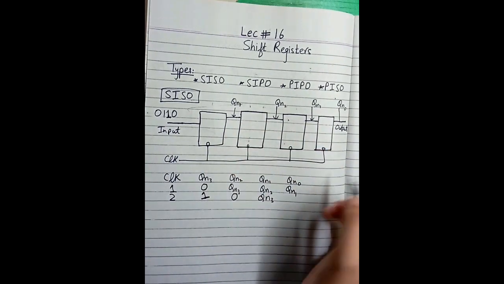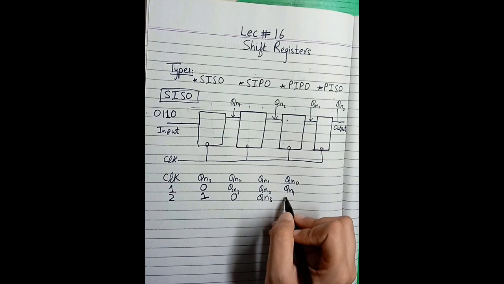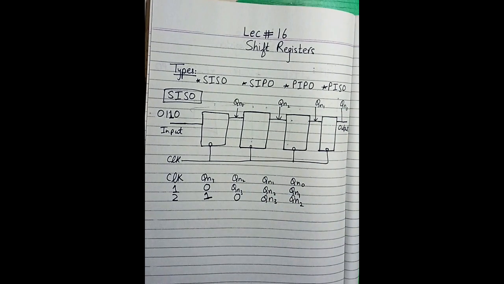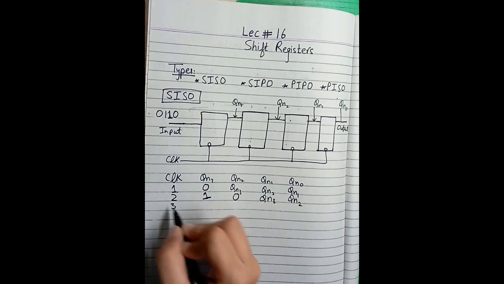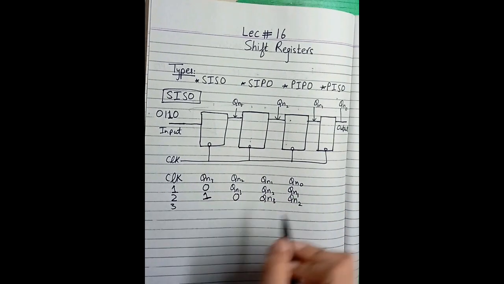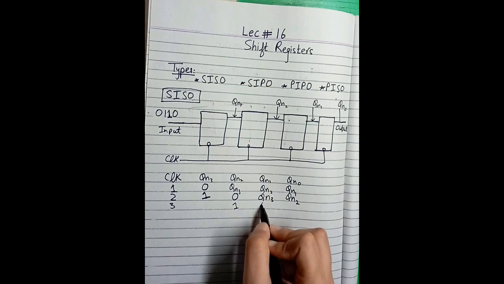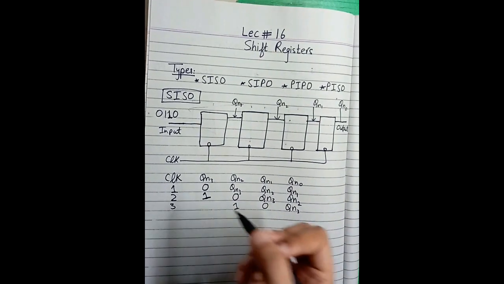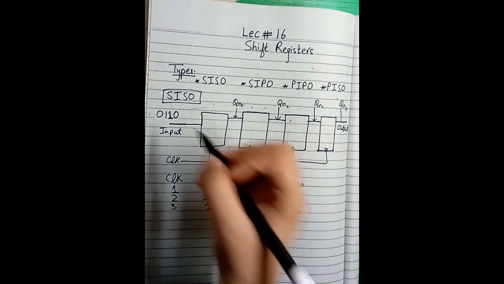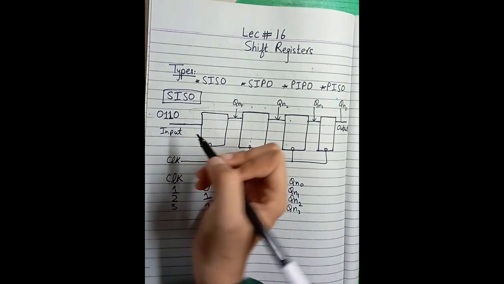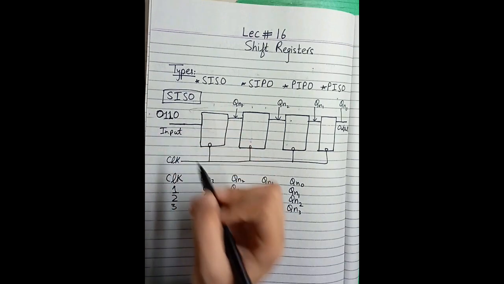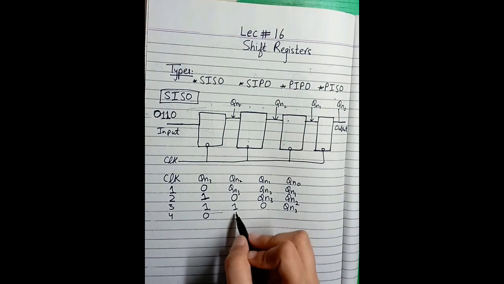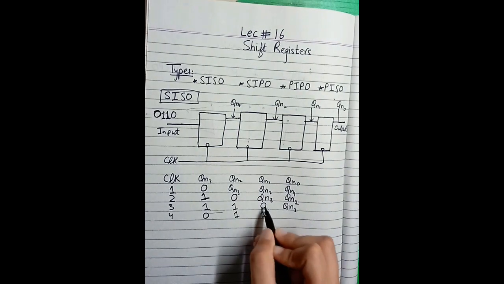After that, we will give our third clock, so our 1 will move forward, 0 will move forward, and at the first place we will have 1 input, this one, and after that we are only left with the 0 here. So on the fourth clock, 0 will move forward, all the values will step forward, 1, 1 and 0.